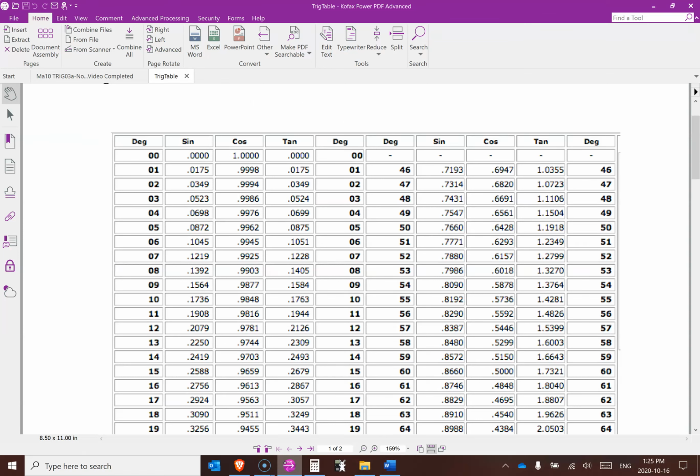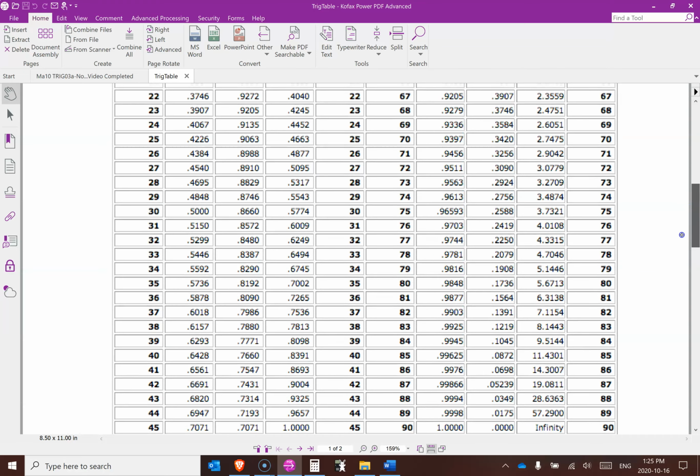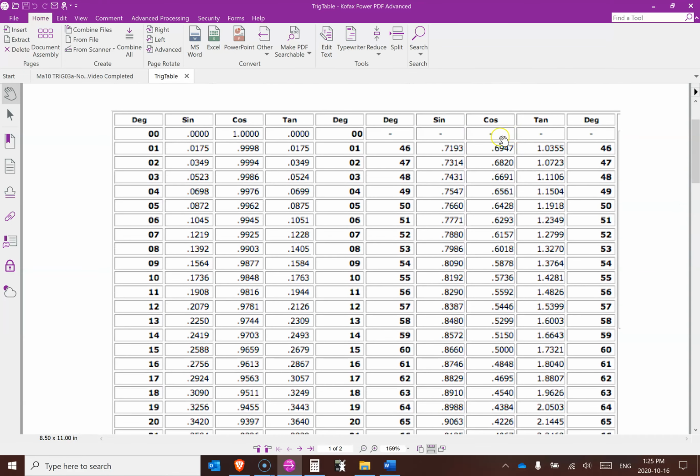So I am looking under the cosine here for 0.6. That's what I'm trying to find. 0.8, 0.7, okay, starting on the other side again. Okay, 0.6. That's really close to here.